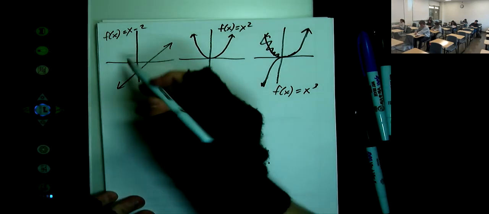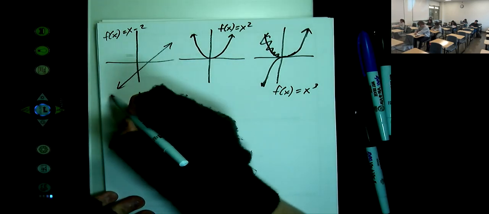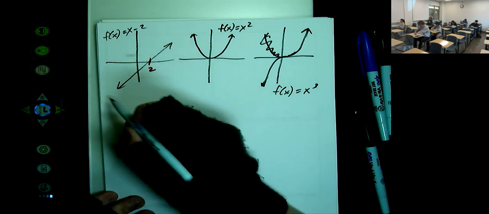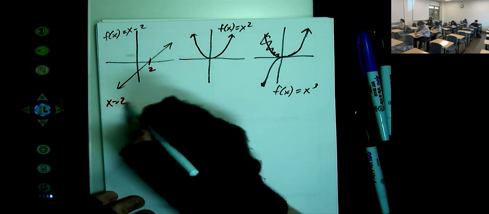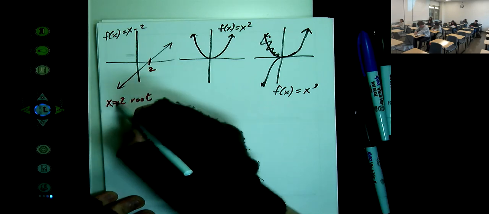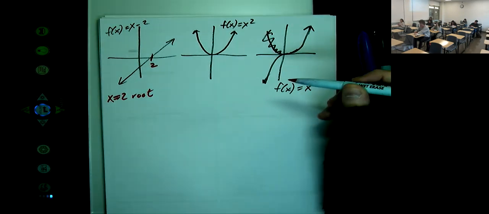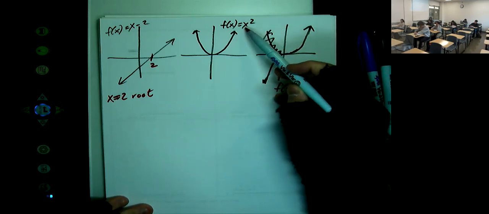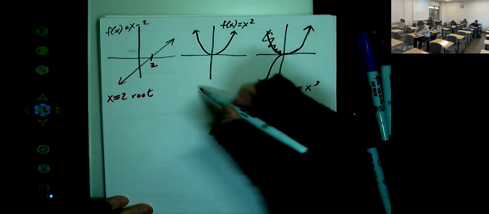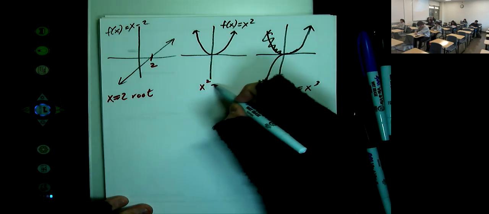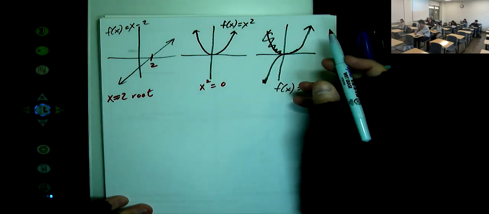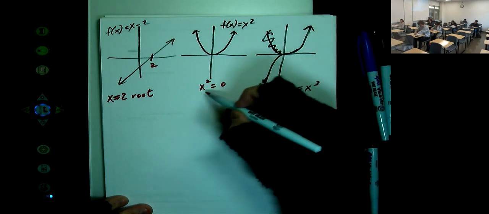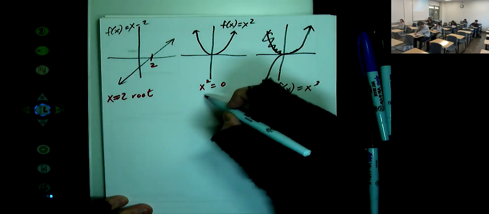My root for this one, when I set it equal to 0, it's crossing at 2. So x equals 2 is a root. My roots for x squared, if I set x squared equal to 0, I have two solutions.